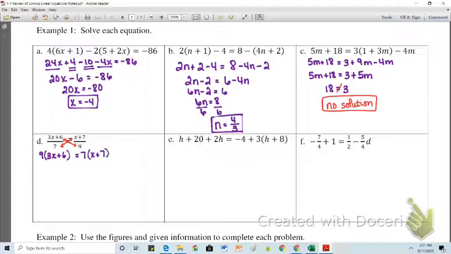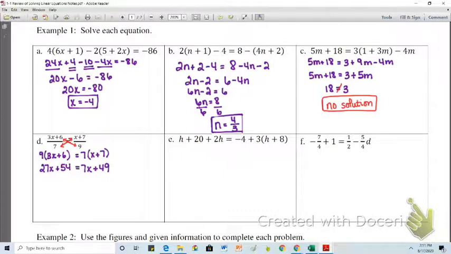Okay, notice I put parentheses there. You must multiply the 9 by both things on top as well as the 7. So when I do that, I get 27x plus 54 equals 7x plus 49.